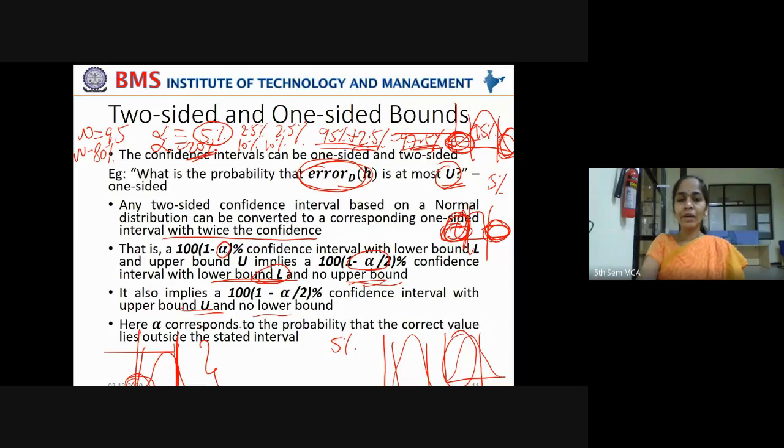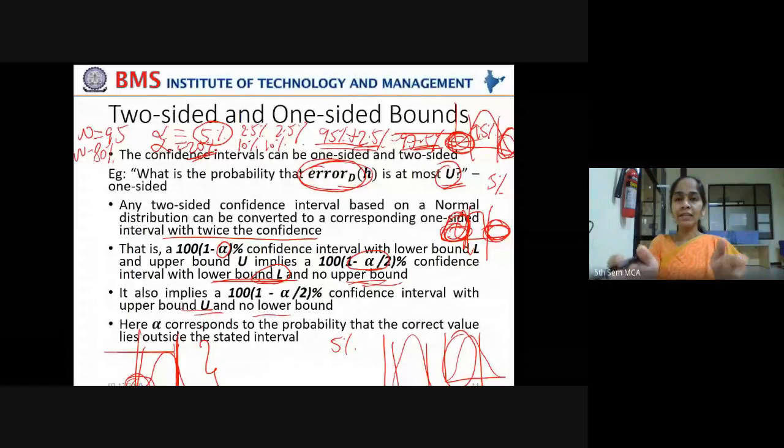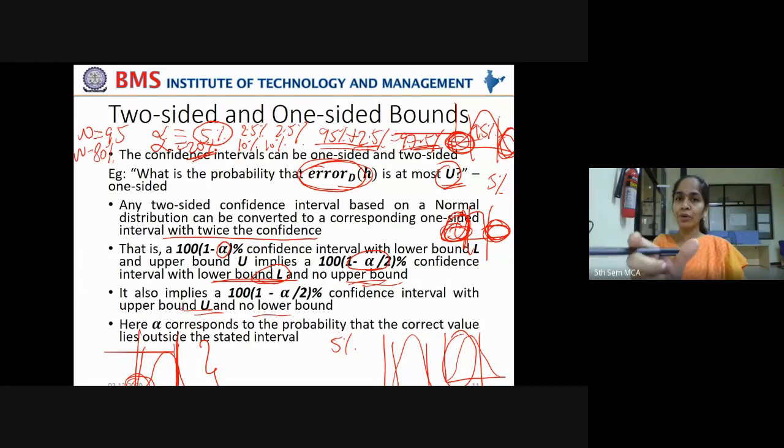Now here alpha corresponds to the probability that the correct value lies outside the stated interval. Confidence interval is that the correct value lies within that interval, and alpha states the correct value lies outside that interval. That is why when your confidence interval is 95%, alpha is outside that 95%. That is the remaining 5%. It is easy actually if you concentrate.